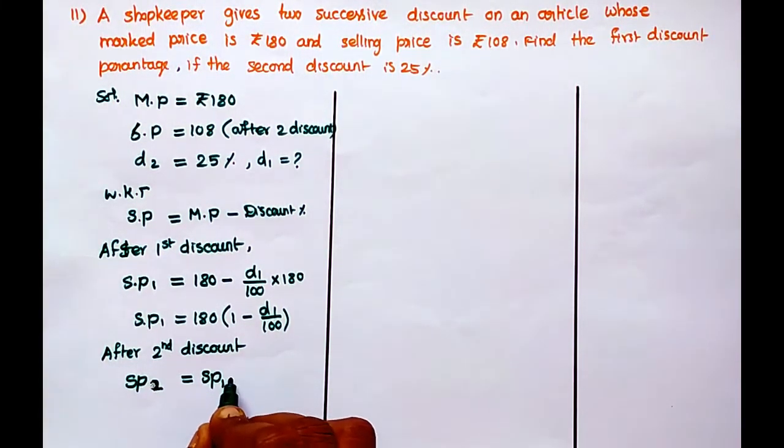From the selling price 1 we minus the discount percentage, right?